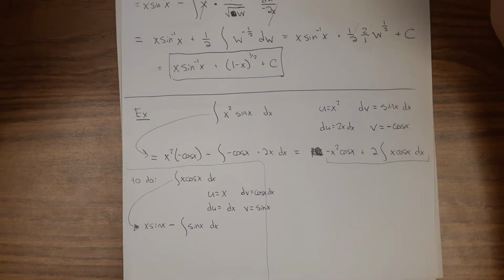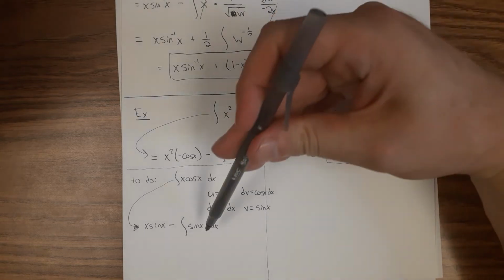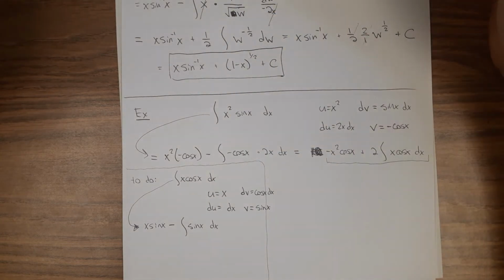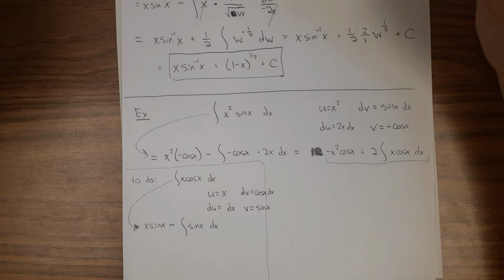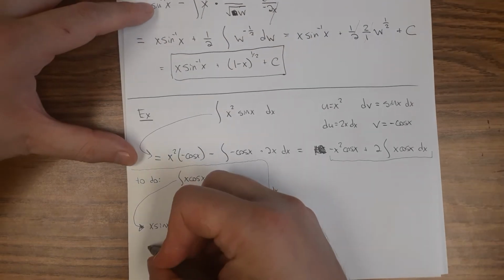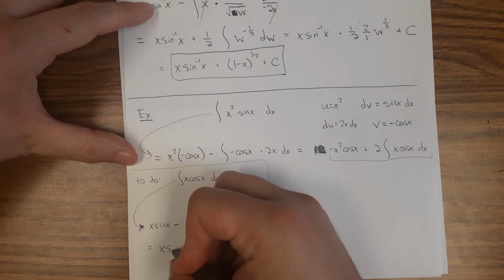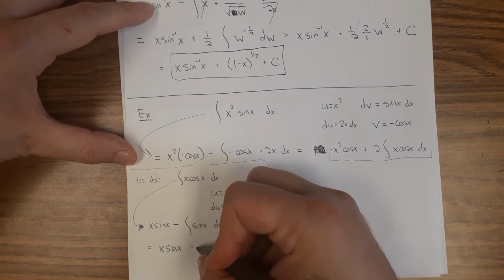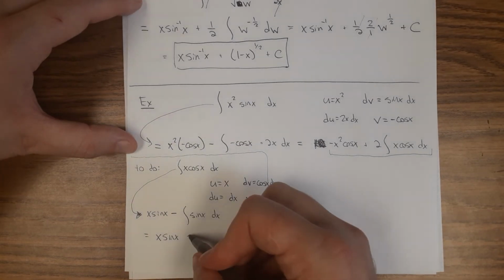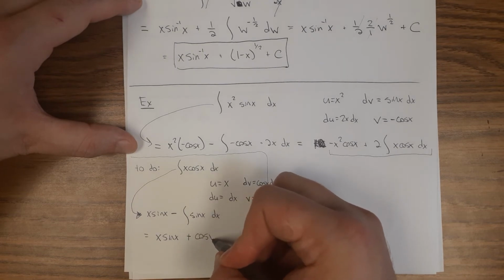And now, as usual, I say, well, I hope the new integral is something that I can do, and it is. This is something on our list. The integral of sine x is negative cosine of x. So I guess that would make this a plus cosine of x, right?